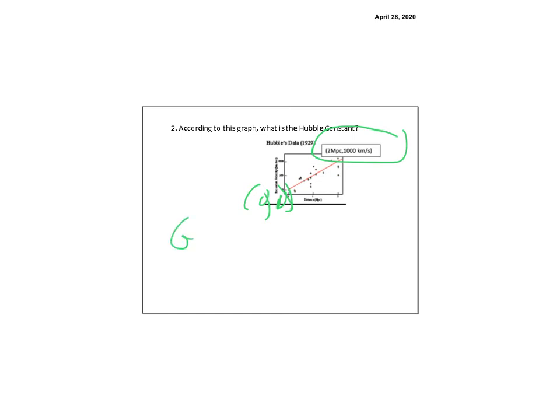So in my given, I can see that V is equal to 1,000 kilometers per second. And my distance R, remember R's distance is 2 megaparsecs, which is about 3 light years, a little over 3¼ light years.